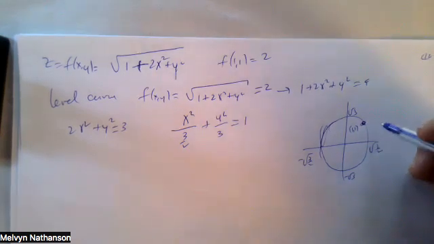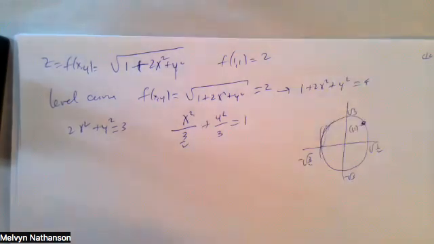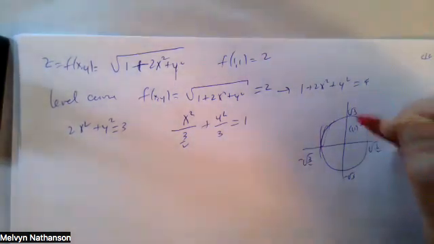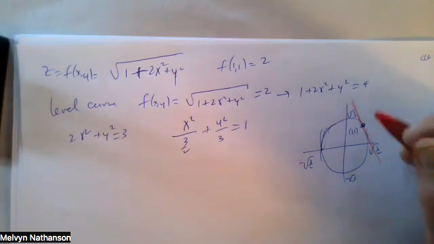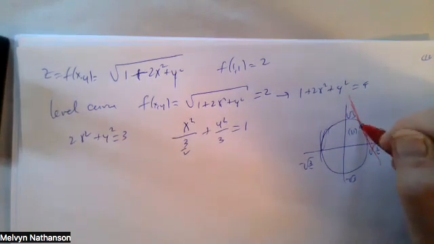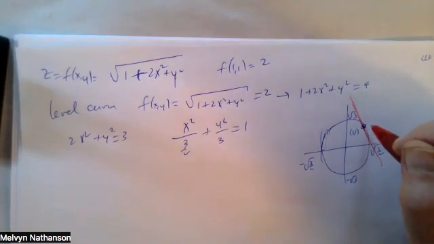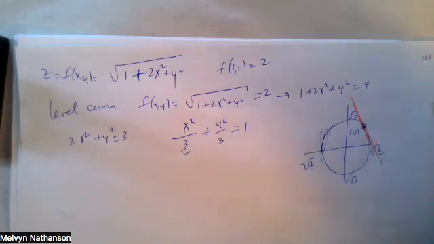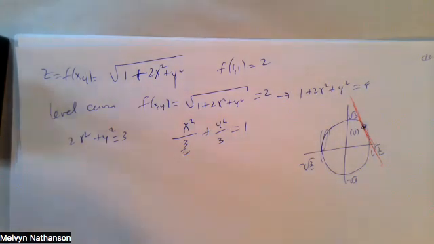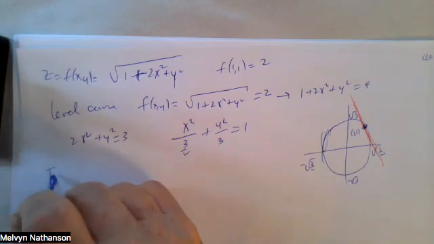And I want to show that the tangent line to the ellipse at this point is perpendicular to the gradient at this point. So how do I find the tangent line?